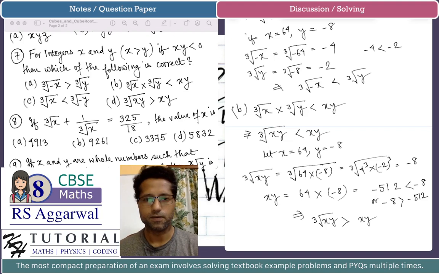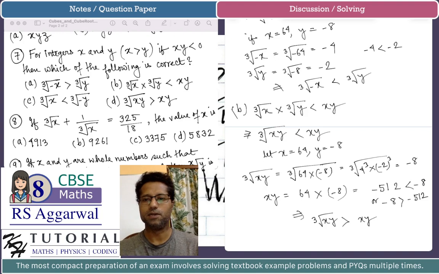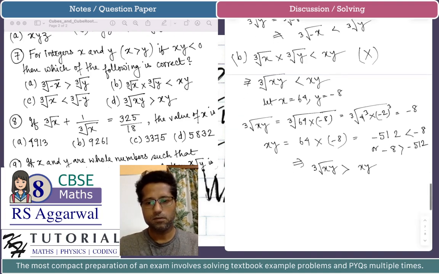So with a contradictory example, by assuming x equals to 64 and y equal to minus 8, we just saw that cube root of x multiplied by cube root of y is not less than xy, but it is coming to be greater than xy. So this choice B is also not correct. What about choice C?